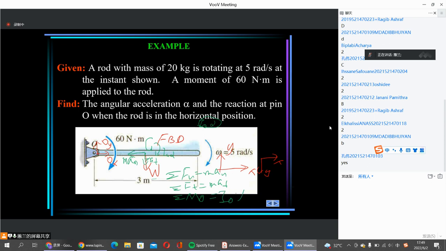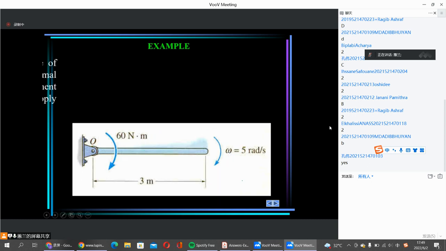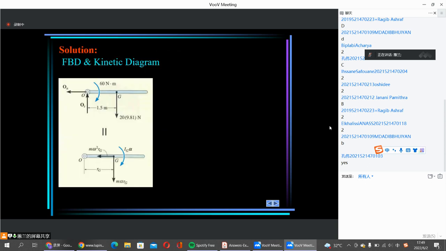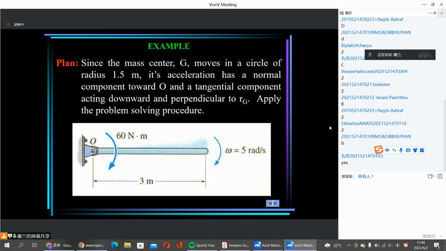It will equal I_O alpha. So things will be easier. Since my center G moves in a circle of radius r, its acceleration will have the normal component and the tangential component acting downward, perpendicular to r_G.